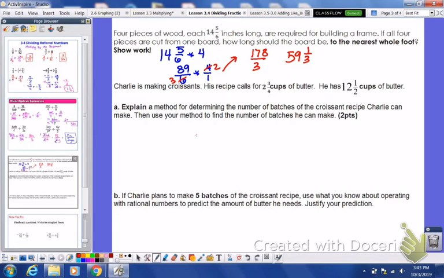Okay, so now actually, before I move on, I see how long should the board be to the nearest whole foot. So I need to change this to feet. We know that there are 12 inches in a foot. I'm currently in inches, so I would have to go back to this anyway, so I'm just going to erase that. I'm going to go back a step. So we want to take that and divide it by 12 over 1.